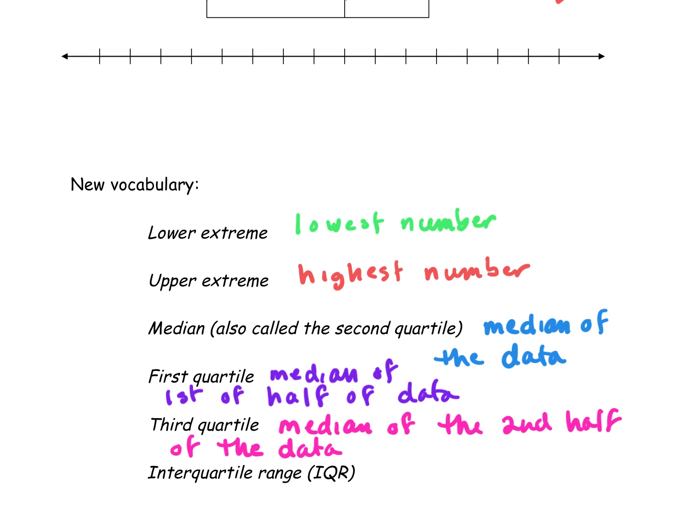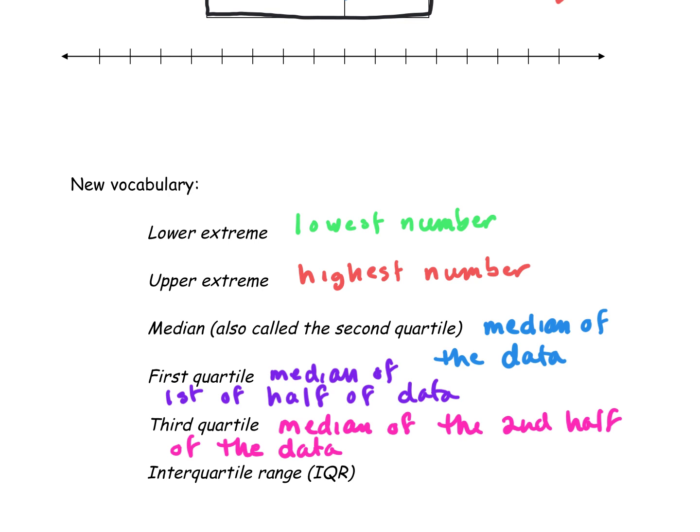Finally, the last vocabulary term we're going to talk about refers to the interquartile range. So if we look at this, it's referring to this area of the graph. And each one of these sections divides our data into 4 quarters, or 1/4 of the data is represented in each part of this.